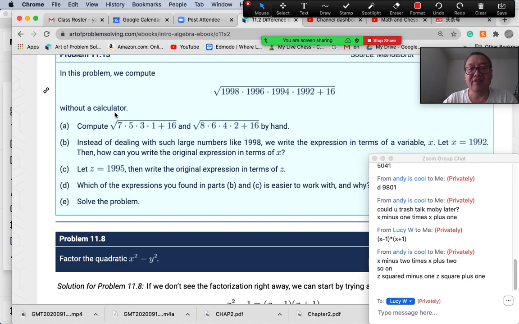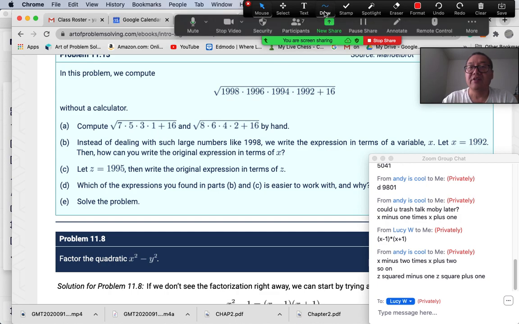To do this, let's first calculate this one: the square root of 7 times 5 times 3 times 1 plus 16. And also do 8 times 6 times 2 times 4 times 2 plus 16 by hand. Everybody do this.